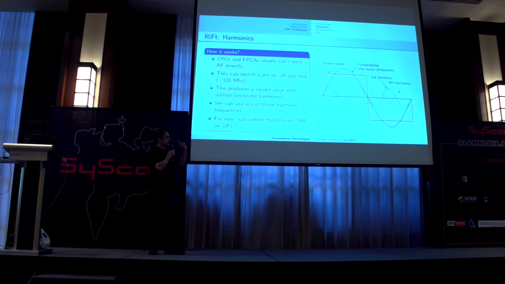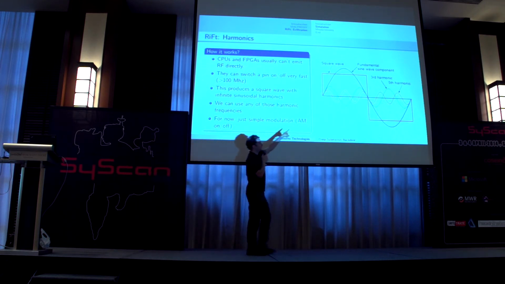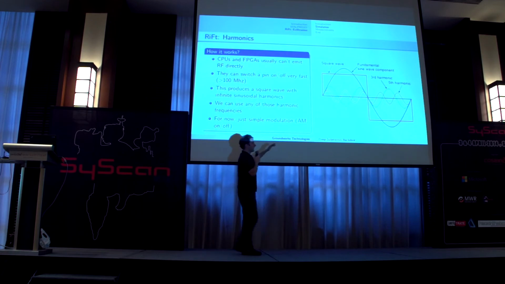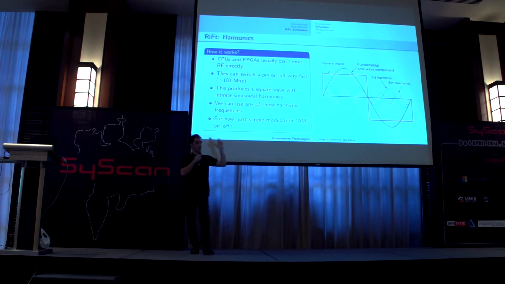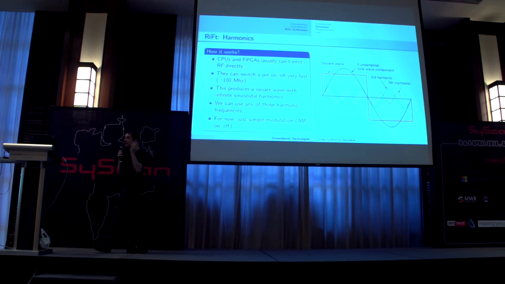So if you send a signal, what you are doing is sending a lot of different frequencies, and we only have to pick one, whatever, the fifth harmonic, the third, whatever we want, and listen on this frequency, and we can exfiltrate any kind of data using radio frequency. The range is pretty good. I tested up to 5 meters and it works perfectly.